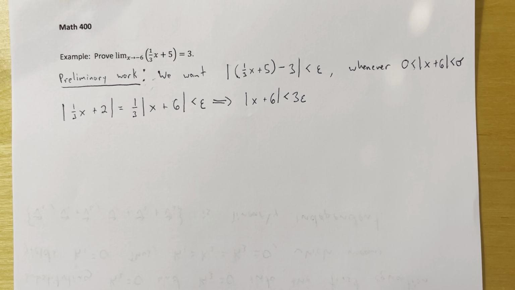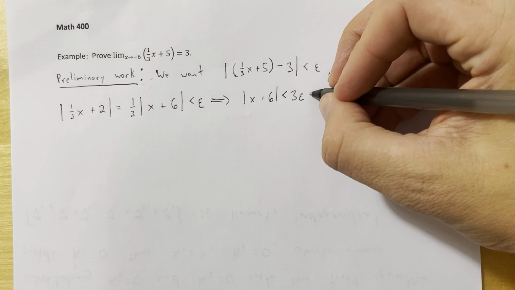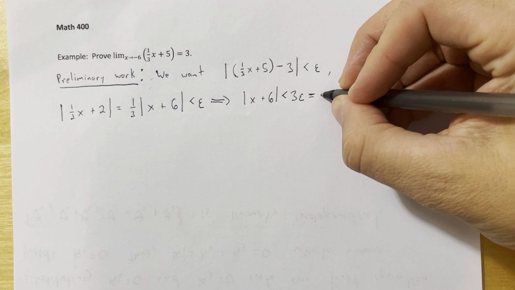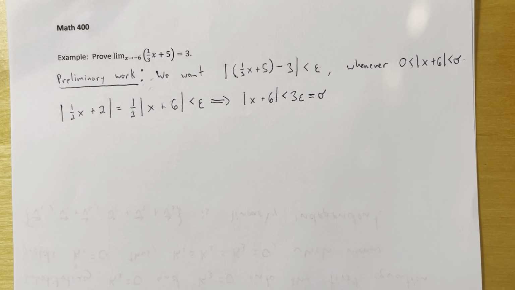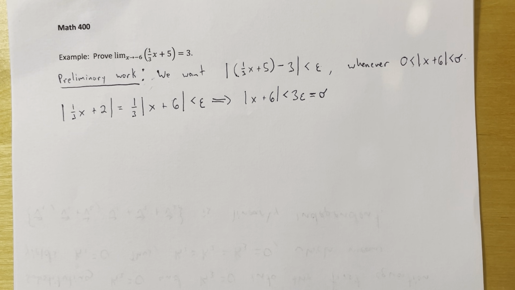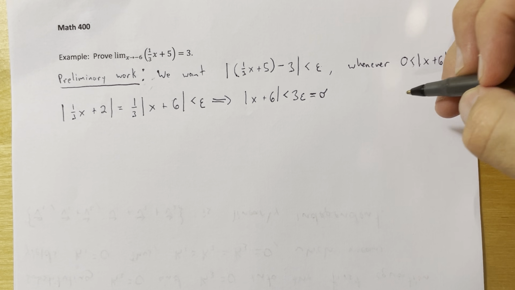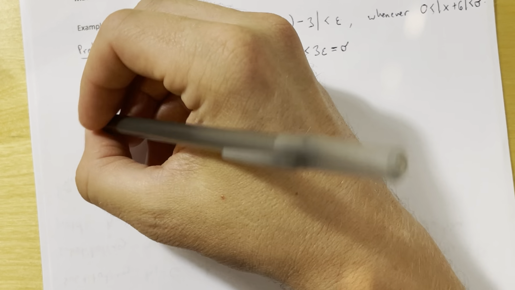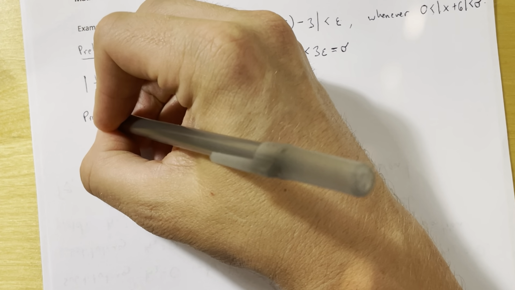Delta is not usually going to come out to some specific constant. It's going to depend on epsilon somehow. So this thing, this 3 epsilon, is what we're going to be setting delta equal to. Okay? So this is the preliminary work. This is not the proof, but we use this to determine what delta should be, and then we write the proof. Okay, so I'm going to go down here and say proof.